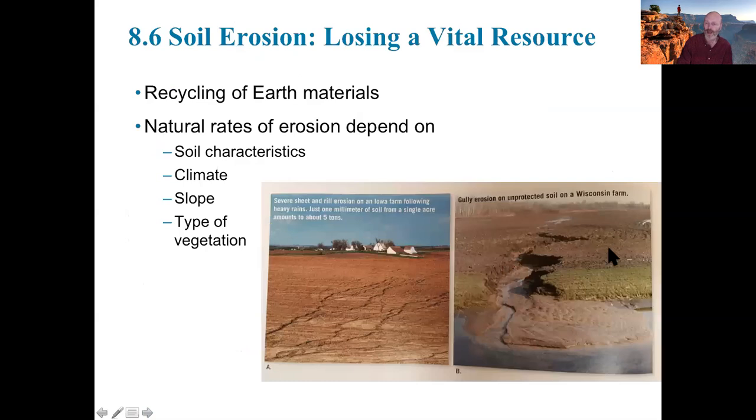So as we're looking at these kinds of things, soil can actually go from one place to another. And it will sometimes erode by water. It will sometimes erode by wind. There are different ways in which this happens, but it's often a natural process. We can actually accelerate it, but it's a natural process.